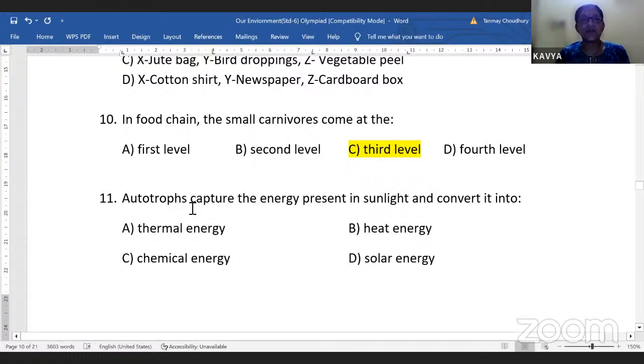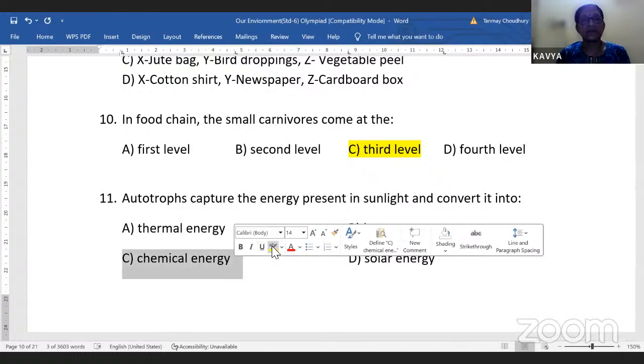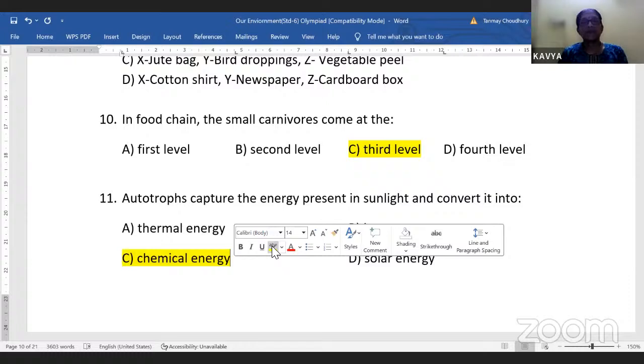Autotrophs capture the energy present in the sunlight and convert it into food. And food, when it oxidizes, gives us energy, energy in the form of a chemical. So here it is chemical energy. So autotrophs convert solar energy into chemical energy by the process of photosynthesis.